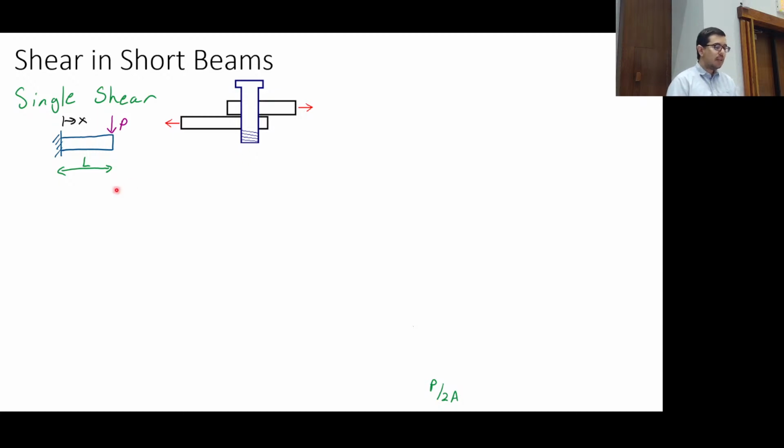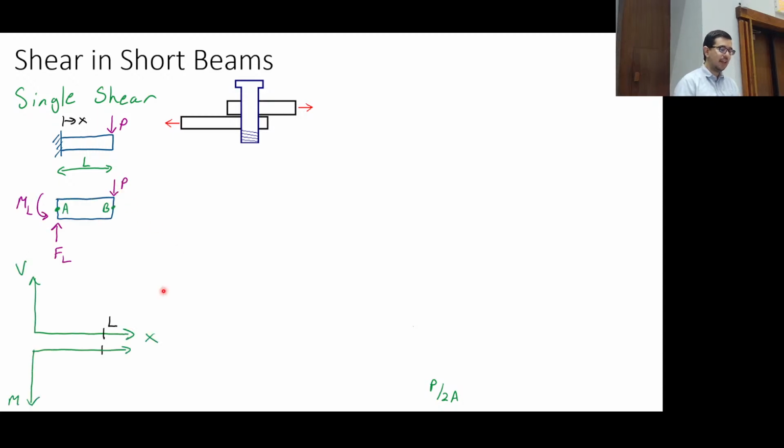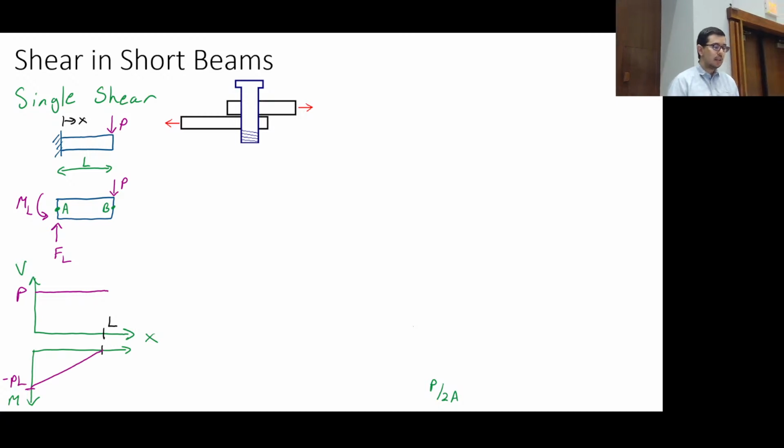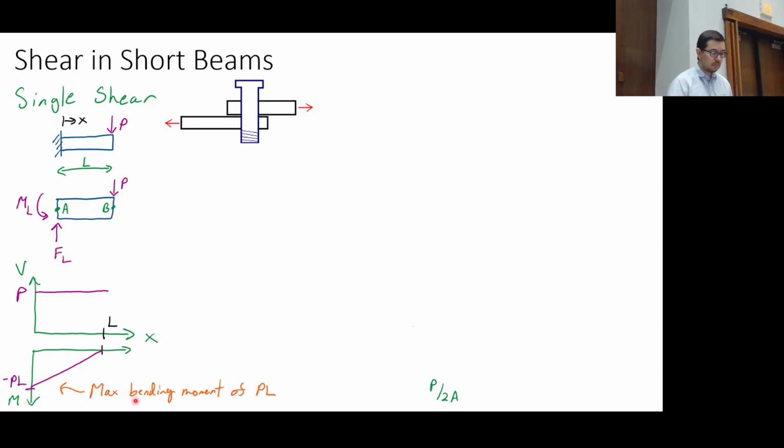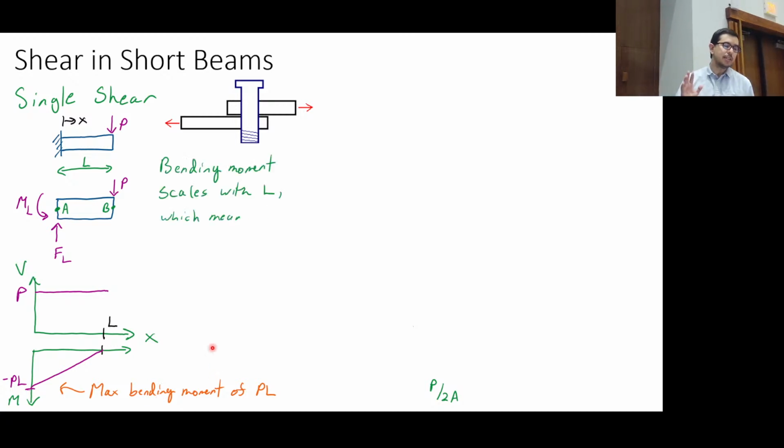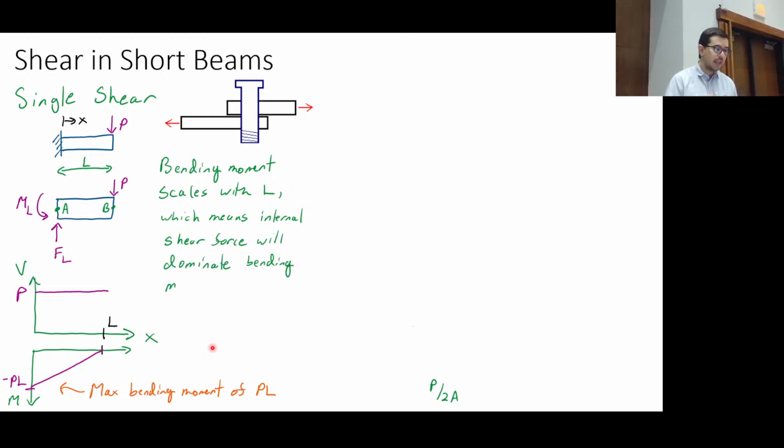We've already done this example a few times, where we plot the shear force internally in the beam, and we plot the internal bending moment. And we can see that there's a maximum bending moment at this wall.